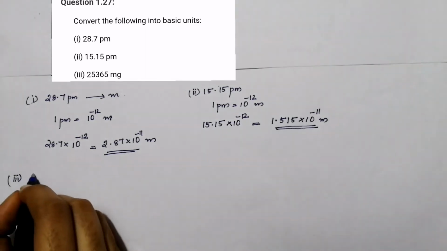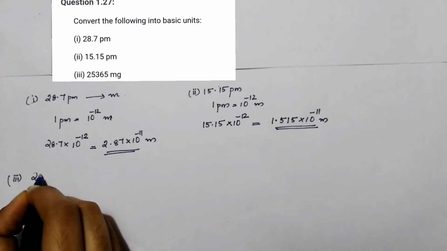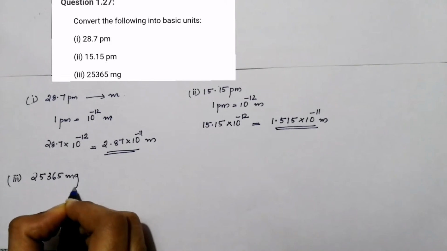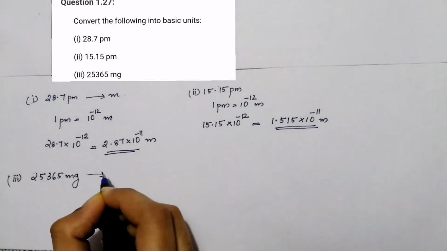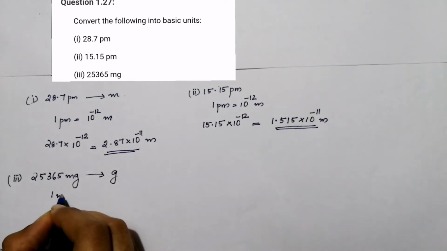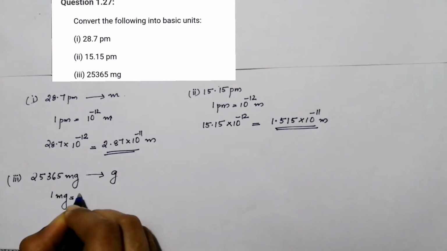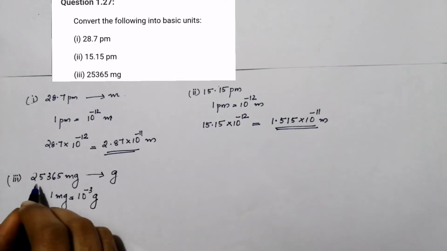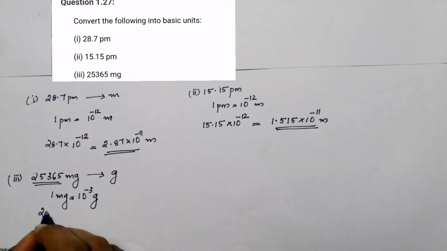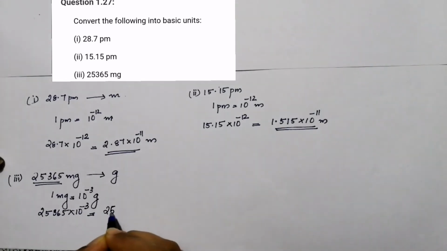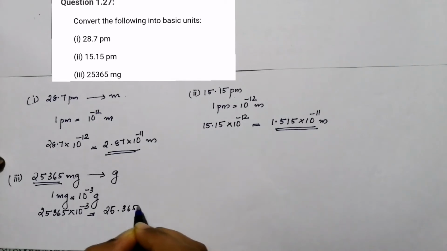Third question is to calculate how much is 25,365 milligram. So here we have to convert into its basic unit, that is gram. From the table we know that 1 milligram is equal to 10 power minus 3 gram. So all we have to do is, as we have done earlier, simply do the multiplication. We get 25.365 gram.